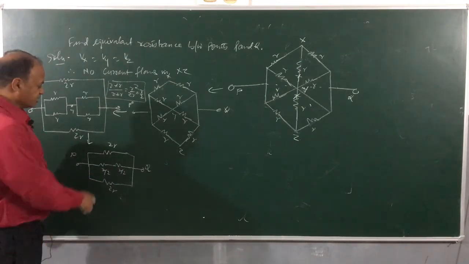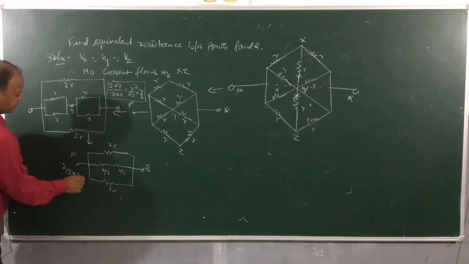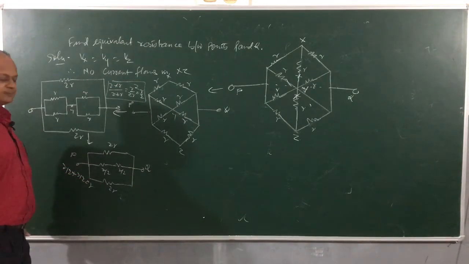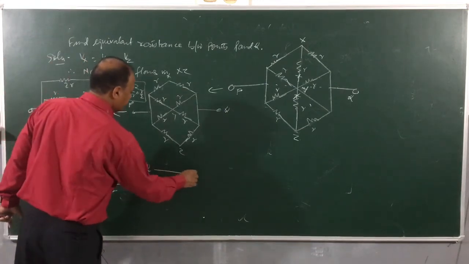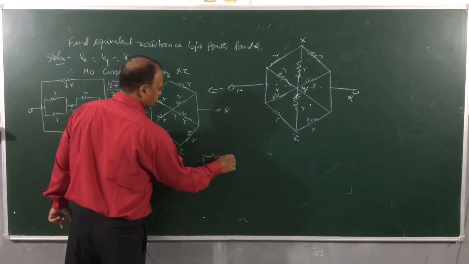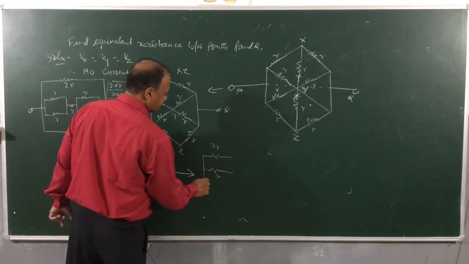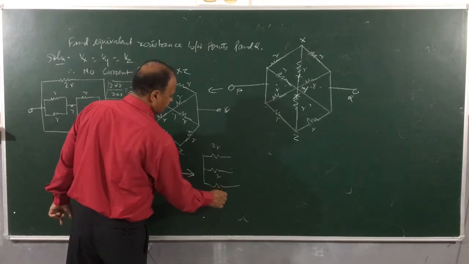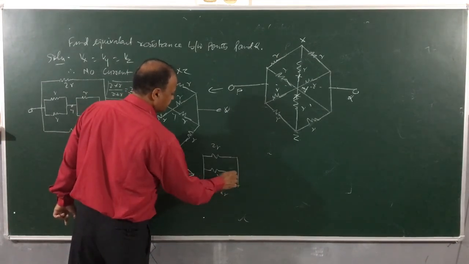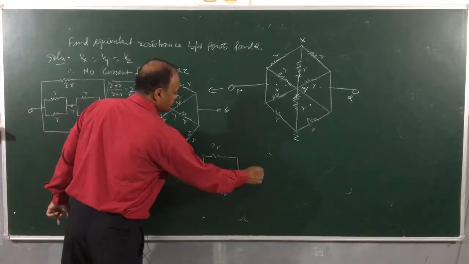So, the resultant is R by 2 plus R by 2, which is equal to R. Okay. So, finally, we come here, redraw the circuit. 2R, R, and this is 2R. Okay. This is P and this is Q.